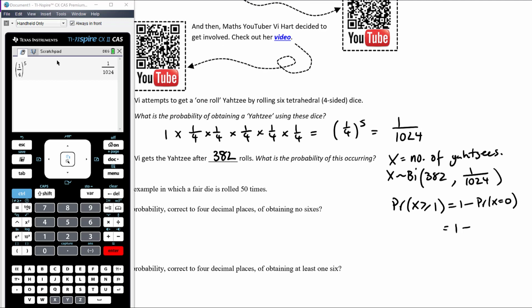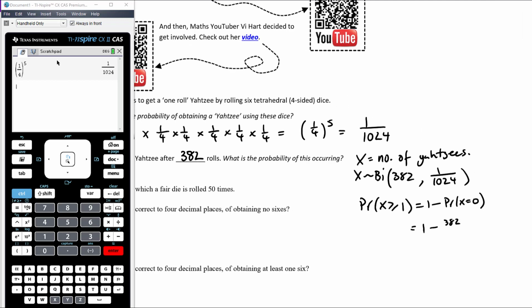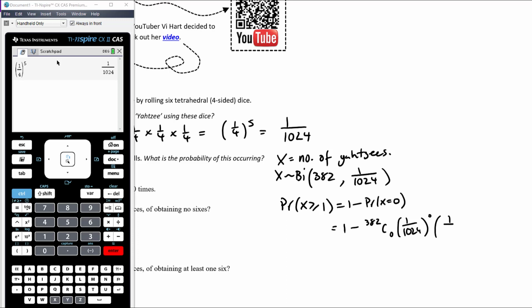So that is 1 minus 382 choose 0, 1/1024 to the power of 0 times 1023/1024 to the power of 382.